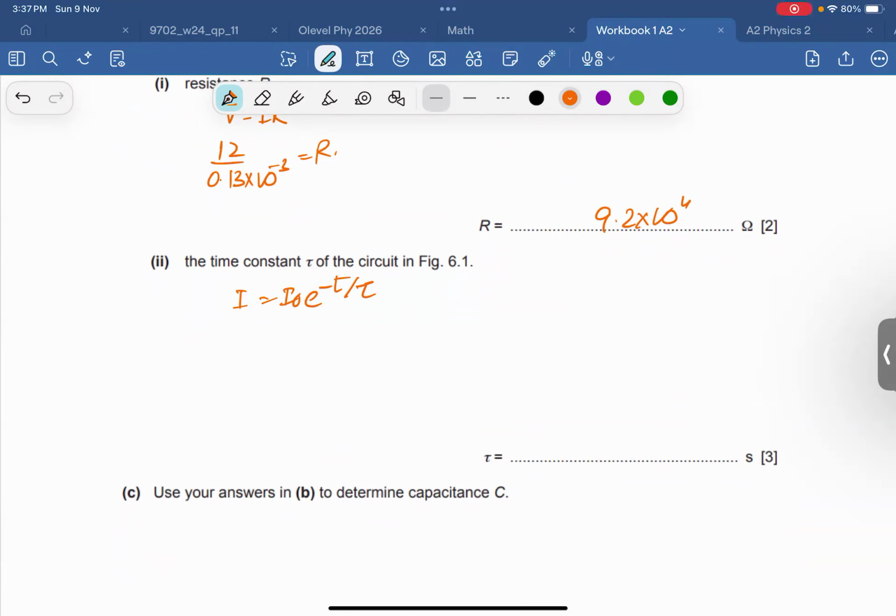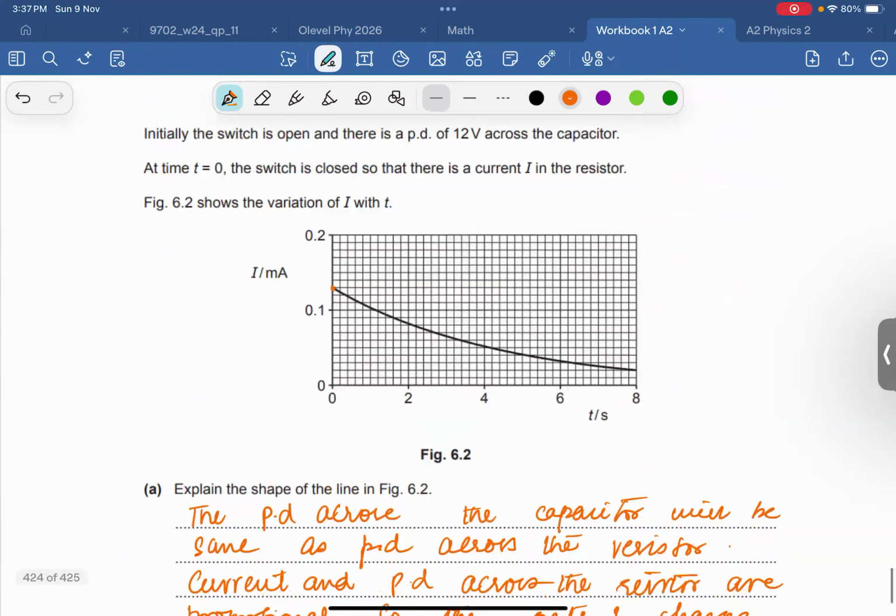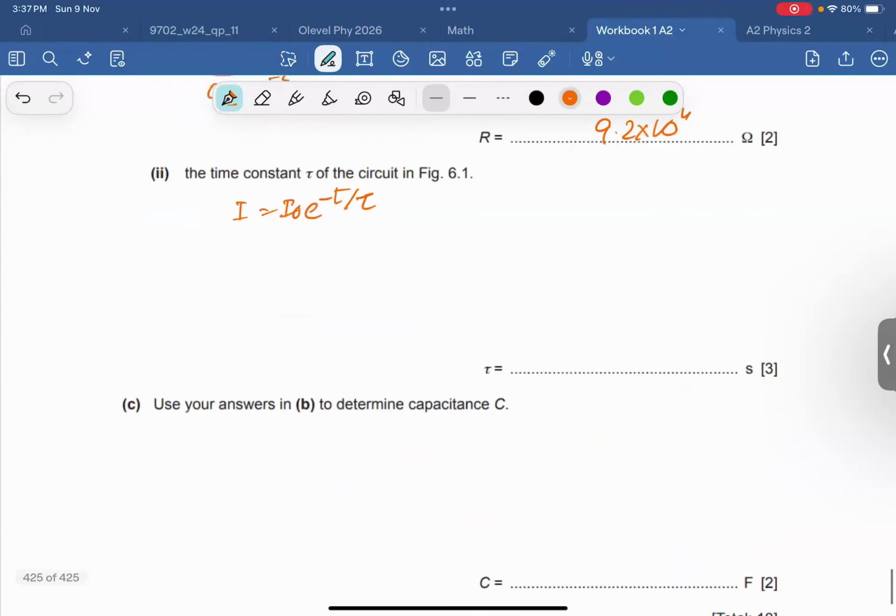I have the initial current as 0.13. I am considering that t is equal to tau, so that becomes negative 1. In order to find out, I'm doing it that way.